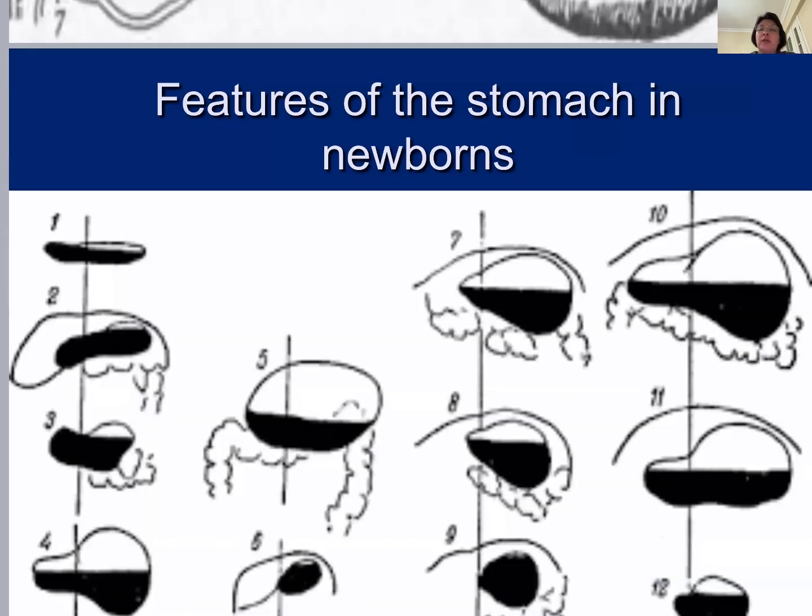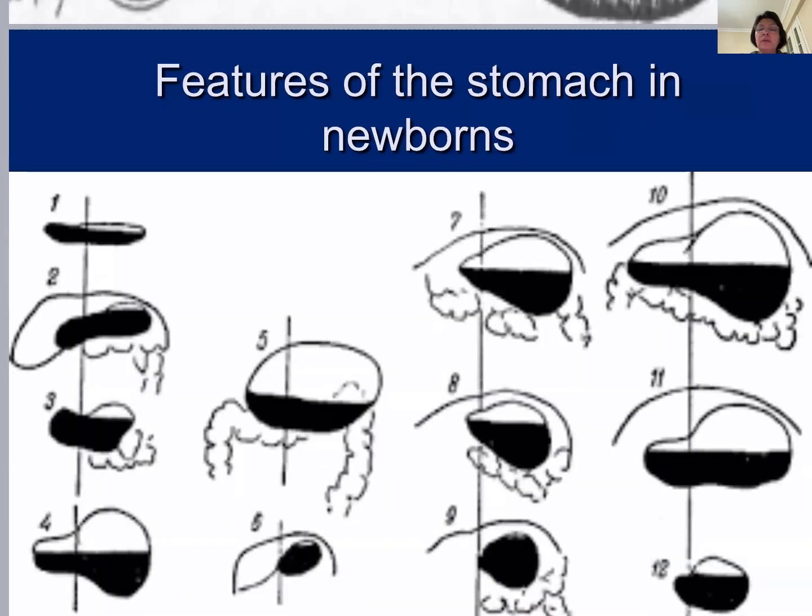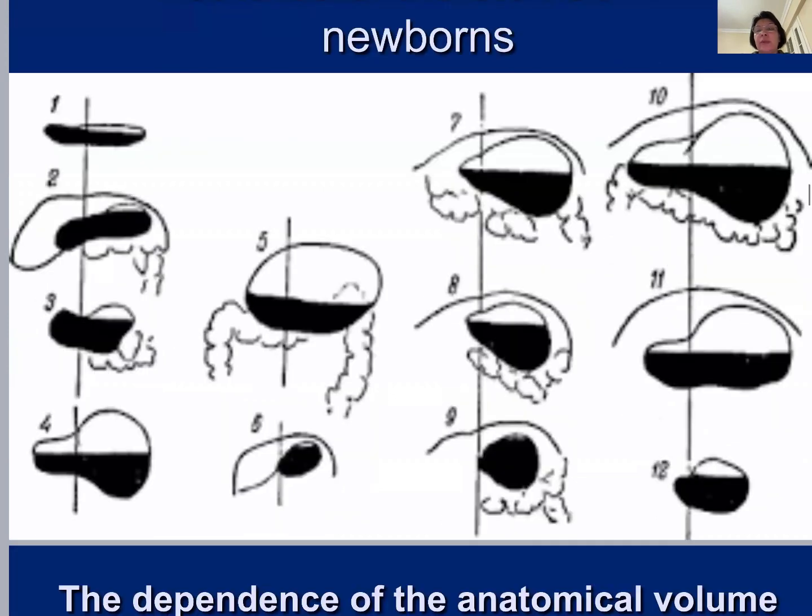In this slide, you can see the shape of stomach in newborns, without definite shape, depending on the amount of food. No definite shape due to poorly developed muscle layer.